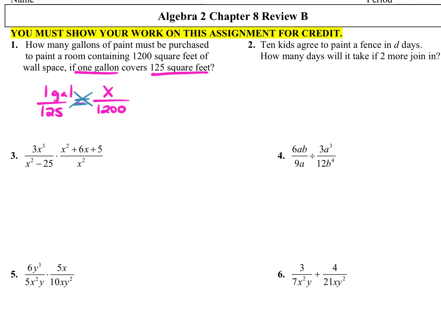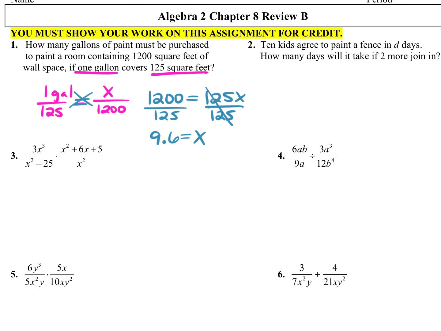So you get 1,200 equals 125x, and then you're going to divide by 125. So x equals, this comes out to 9.6. The question is, how many gallons of paint must be purchased? 10 gallons.